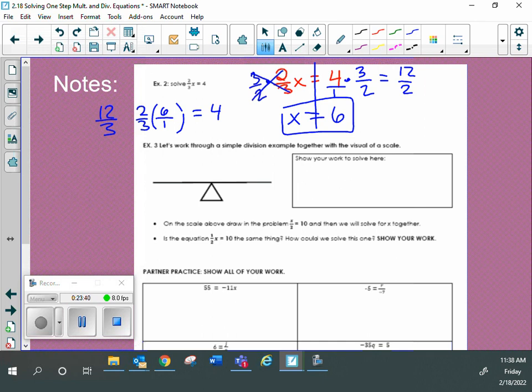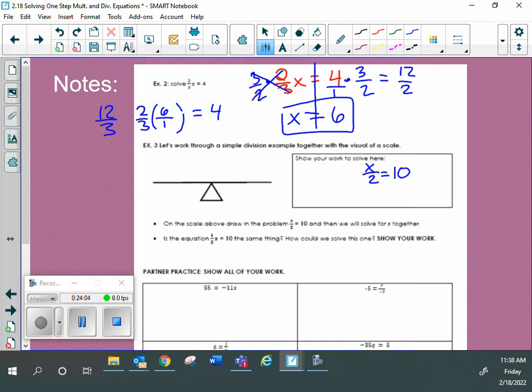Okay, let's just do the math for this one. Let's do x over 2 is equal to 10. Y'all walk me through it. X over 2 is equal to 10. What operation, Rory, do you see happening to x?